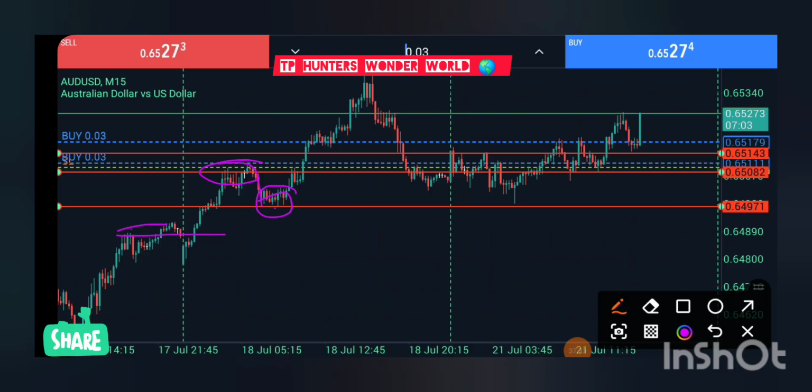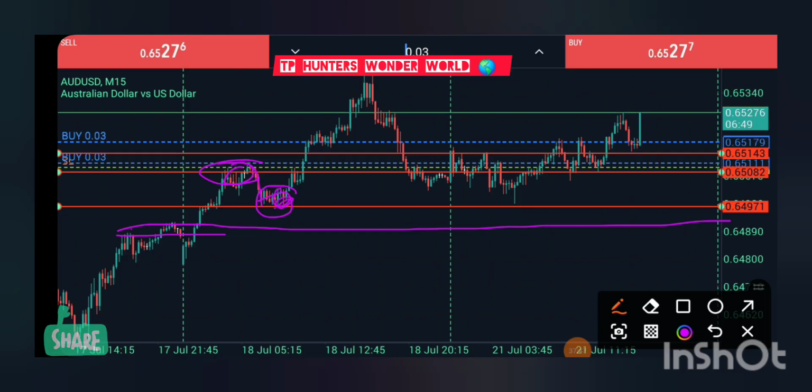So you know what's going to happen here? Price created a resistance, a recent high. It retested the second breakout and went up. It came back to retest the second breakout for the second time.